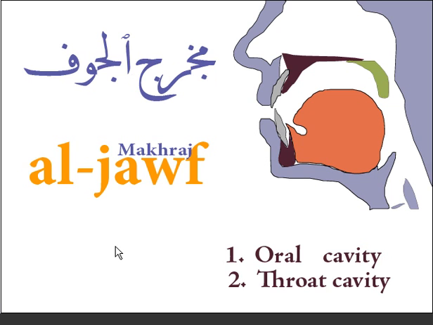So as you know, there are so many letters in the Arabic language. Now how do they distribute through the parts of the body that the sounds exit, and the sound comes from these points of articulation?